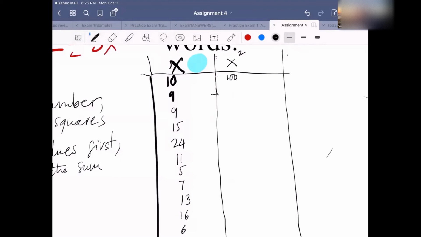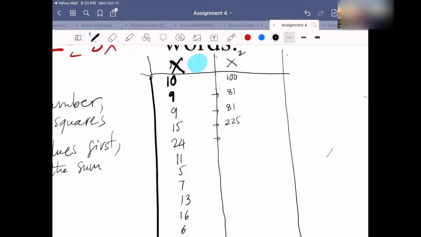And then the next one is what? All right, 81. What is the next one? 81 as well, right? And what is 15 squared? 225. All right, 225.